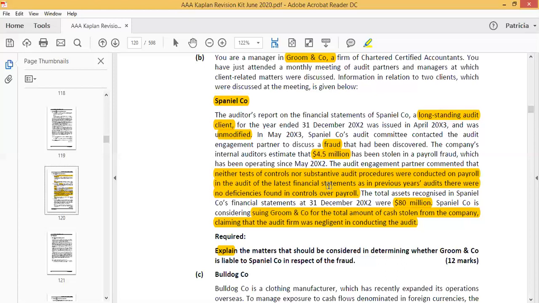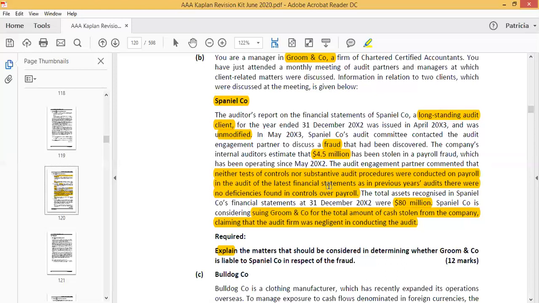So you say that Groom and Company owes a duty of care to Spaniel Company because there's a contract, and they need to perform the work that they had been engaged to do. So it means that they have a duty of service to Spaniel in terms of the audit.